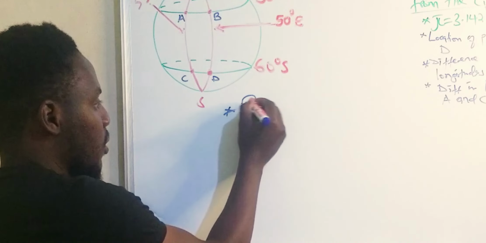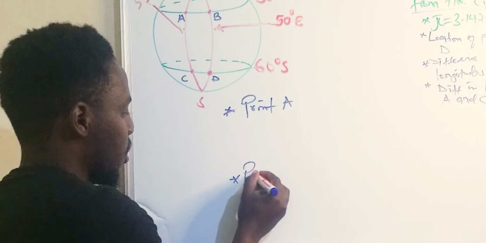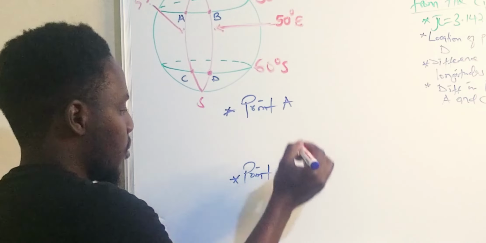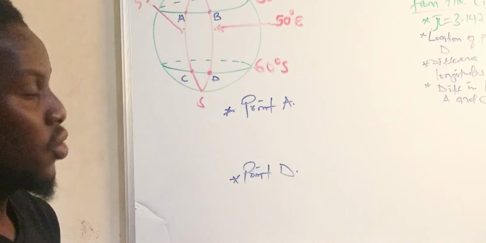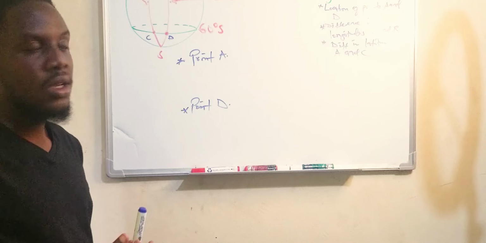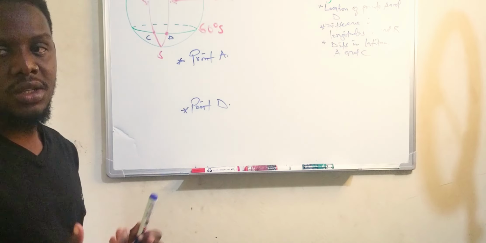So point A, then point D. Now, if you remember in the previous video where we did the introduction and I gave out the concepts, the first concept we were talking about was location of points on the Earth's surface.